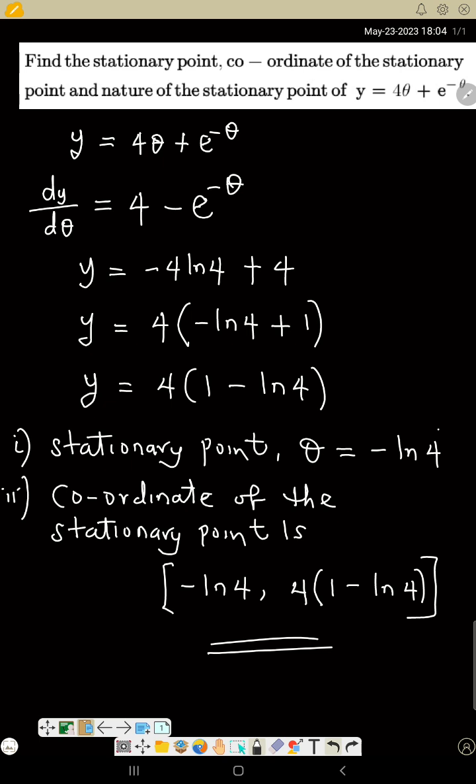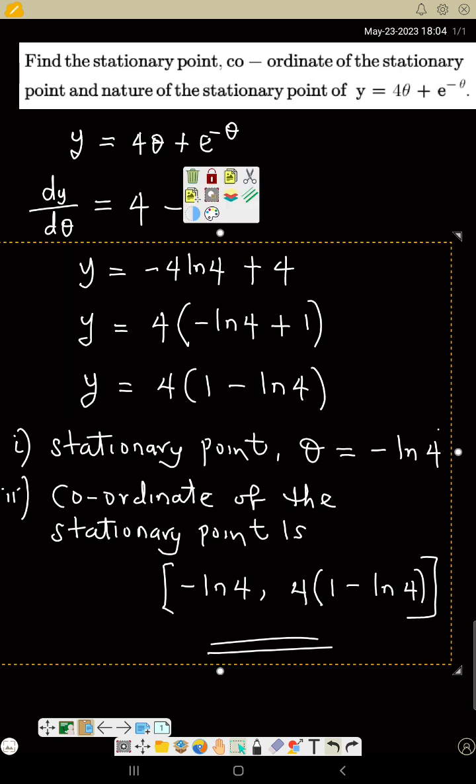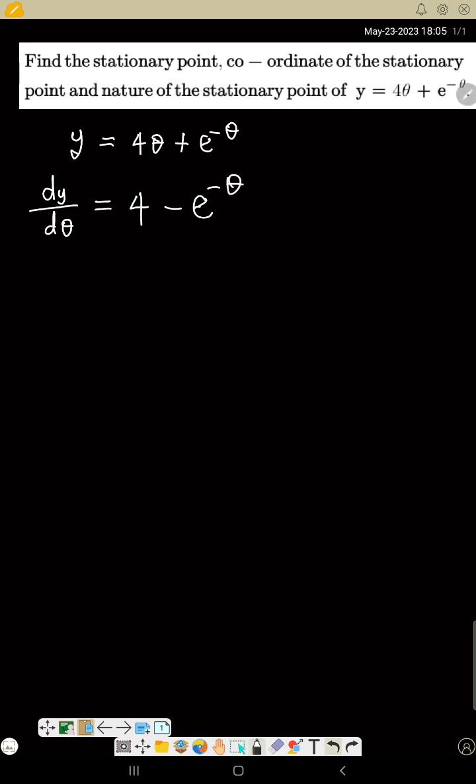So then find the nature of the stationary point. We have done the stationary point and the coordinate of the stationary points now. So let us do the nature of the stationary points now. To find the nature of the stationary points, we are going to find d squared y over d theta squared, meaning we are going to differentiate this again.